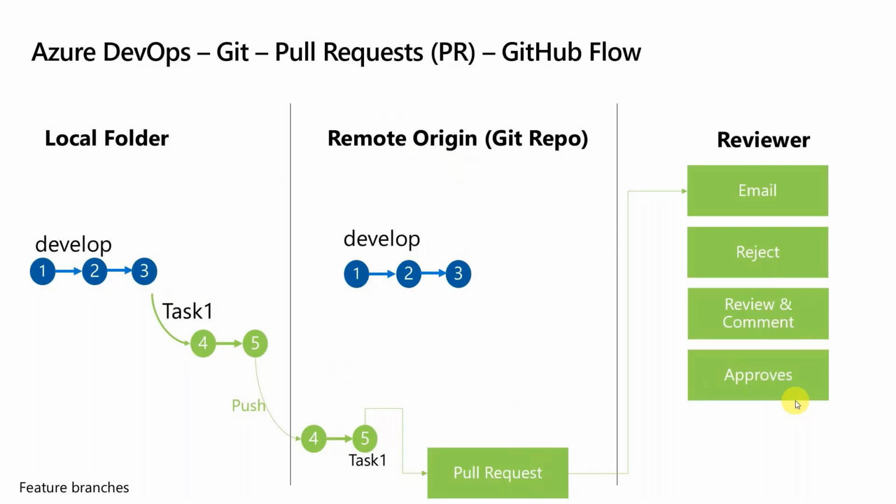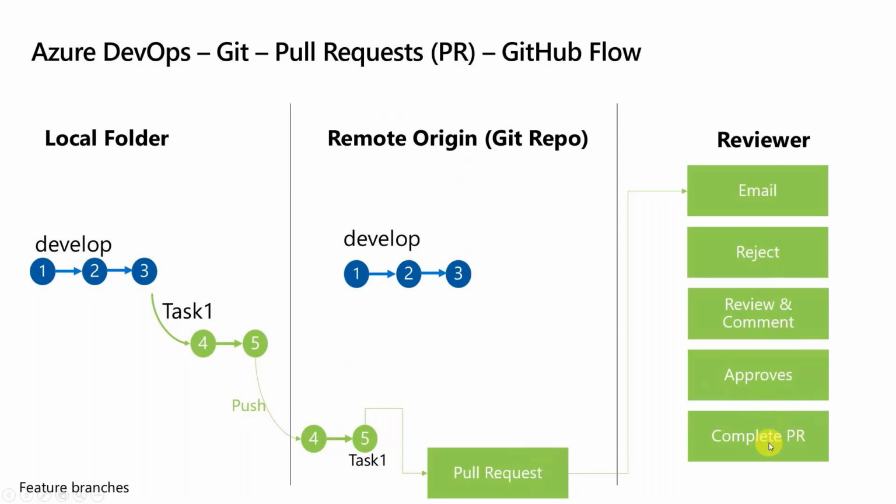Okay, once it is approved, an email will be sent to you and you can complete the merge. So there will be two buttons in the PR: approve and complete. Approver approves it, complete must be done by the developer. That's in general best practice, but sometimes the approver themselves approves it and completes it as well.